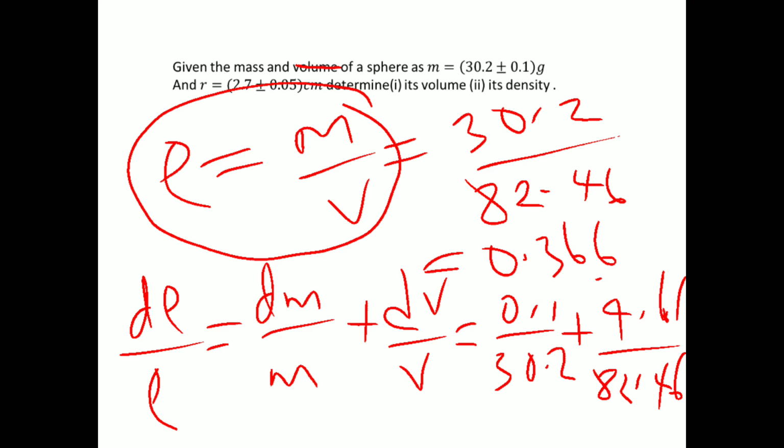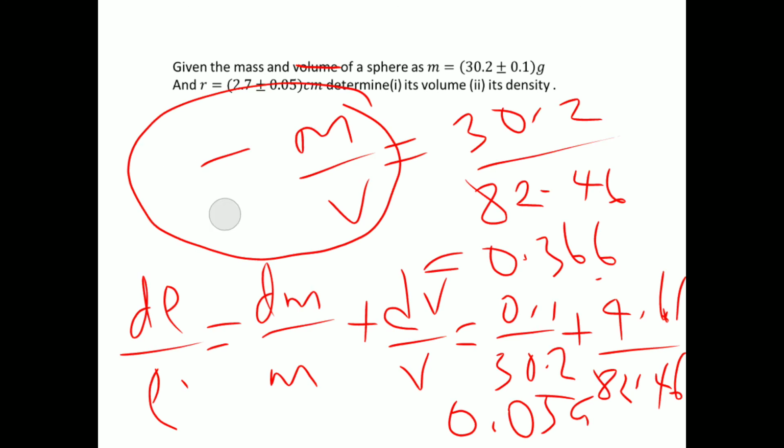You're going to get 0.059. So the relative error of density is 0.059. Okay, good. Now we should find the error in density.